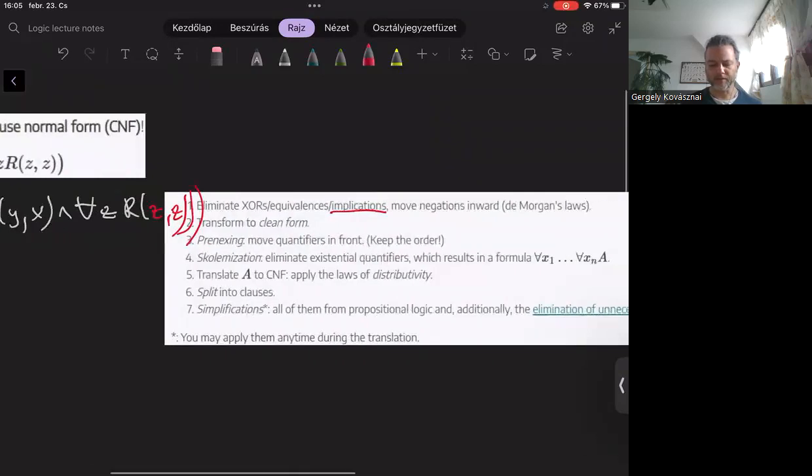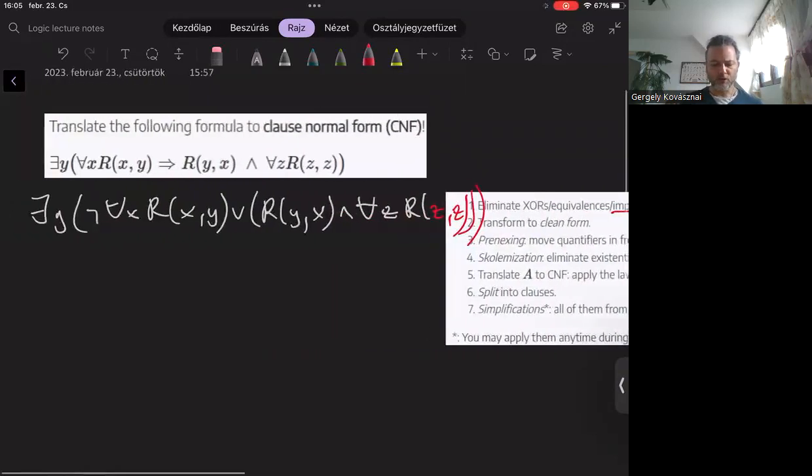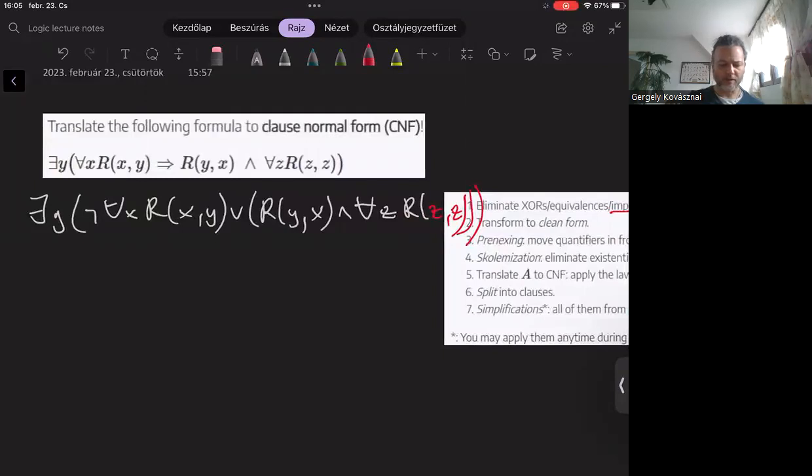Well, we definitely need to move negations as inward as possible by applying the De Morgan laws. If we look closely, we can see a negation here, which can be moved inward. It can be moved behind this quantifier, and that's it. So this is what I'm going to do.